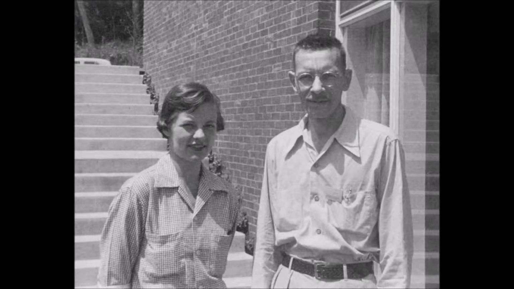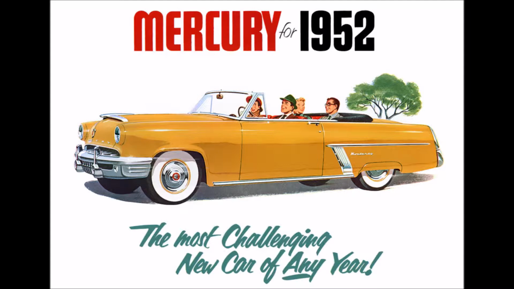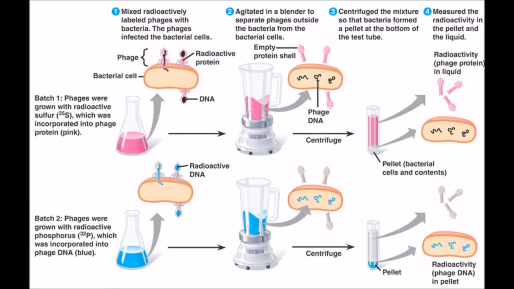And now some background. Alfred Hershey and Martha Chase performed an experiment in 1952 that determined that DNA is the transport vehicle to transmit genetic information from a virus to a cell. They created two groups of viruses, one mixed with radioactive phosphorus and the other with radioactive sulfur. Phosphorus is present within DNA, and sulfur is present within the protein coat of viruses.